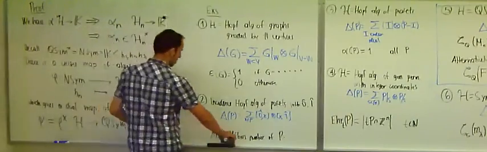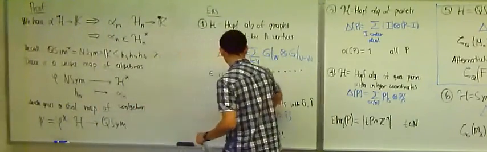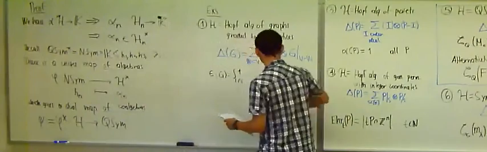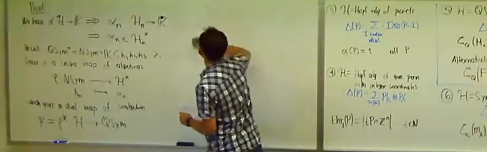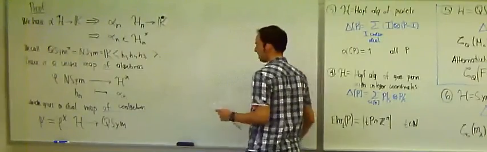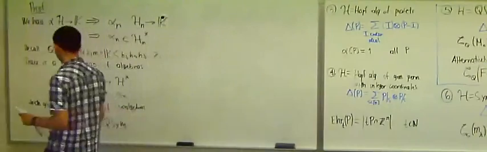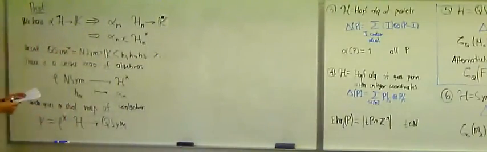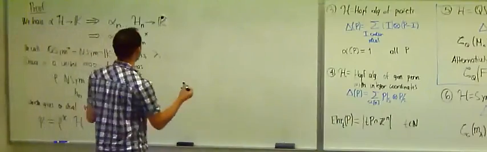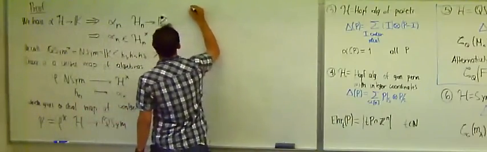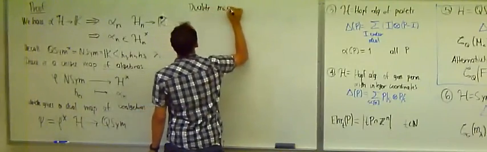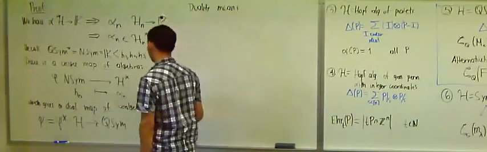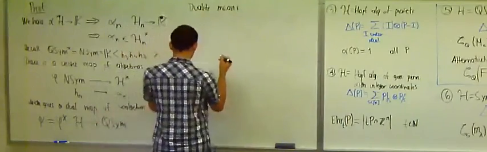Okay, so actually, I want to compute it more explicitly, because this is not only an existential statement, but it actually gives you a formula for this guy. So what does duality mean? Duality means that if I take, okay, so this should look familiar to you guys.